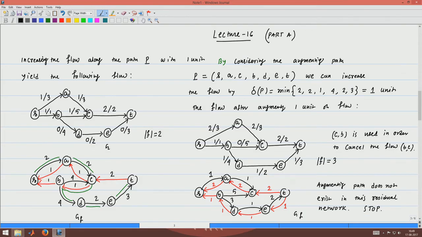This is the stopping criteria for the algorithm. So, there is no augmenting path with respect to this residual network, means you have to stop here and then declare the current flow is the maximum flow. Okay, so, this is what the Ford-Fulkerson algorithm is.